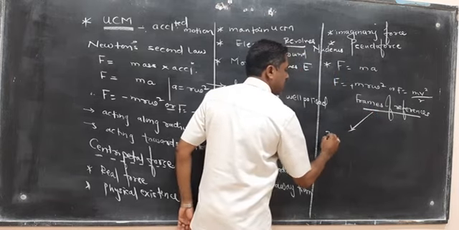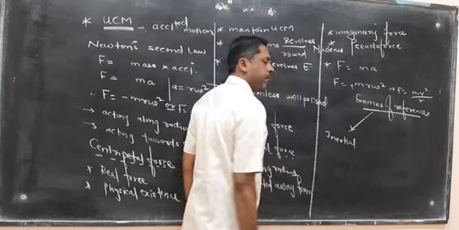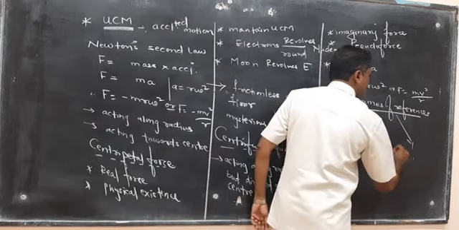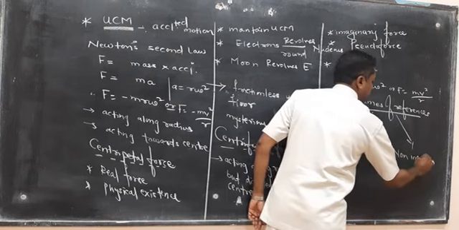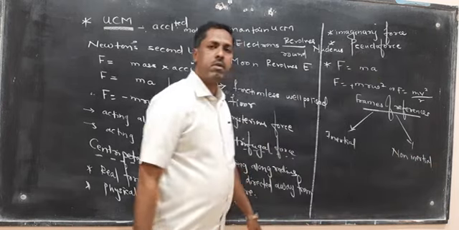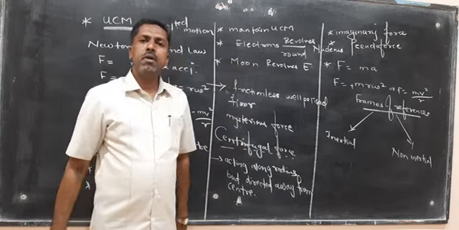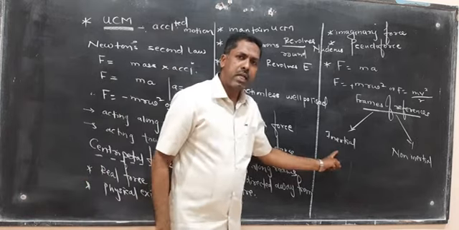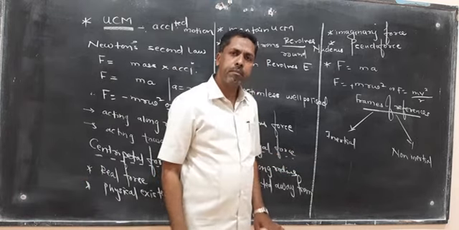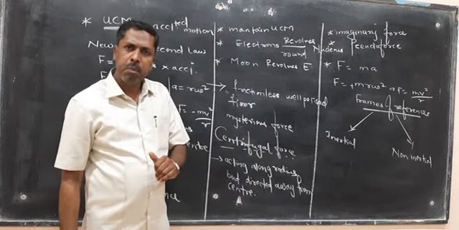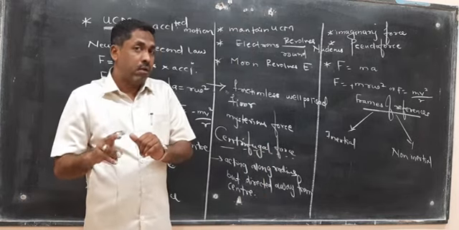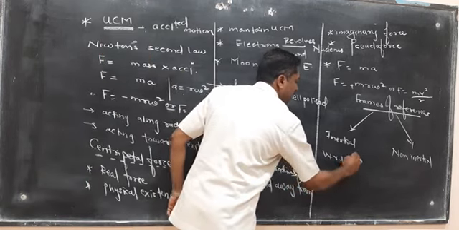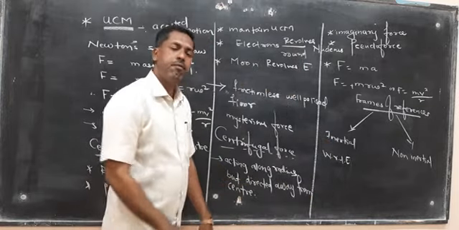One is called the inertial frame of reference, and the other is called the non-inertial frame of reference. The inertial frame of reference is one in which the objects and particles are in motion with respect to Earth's surface.